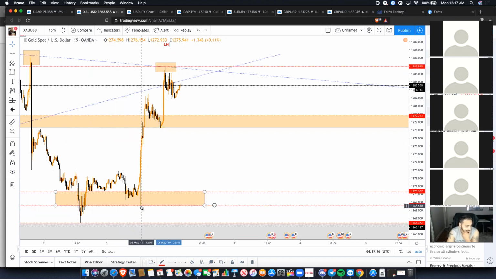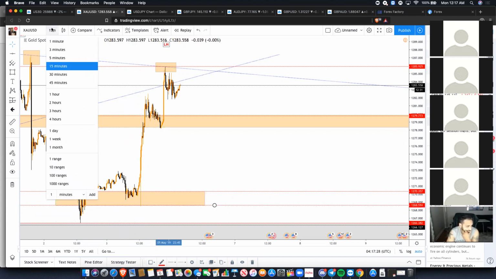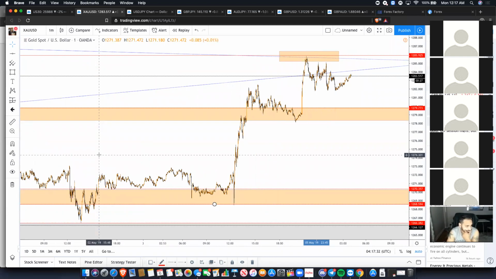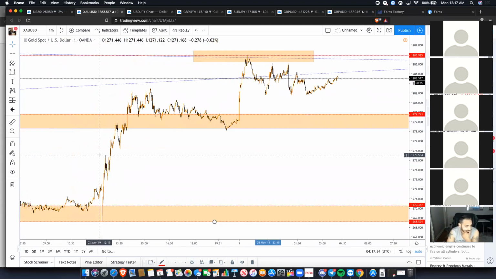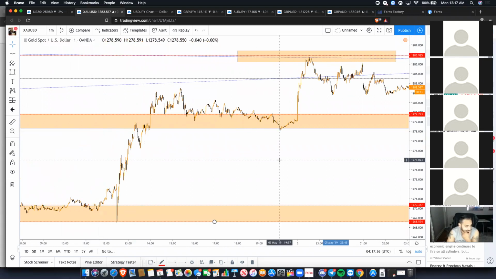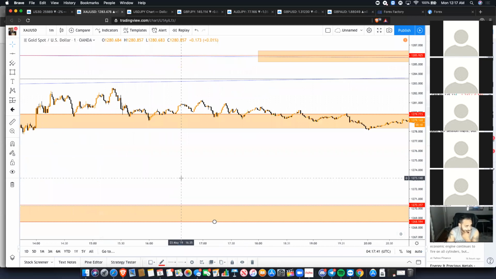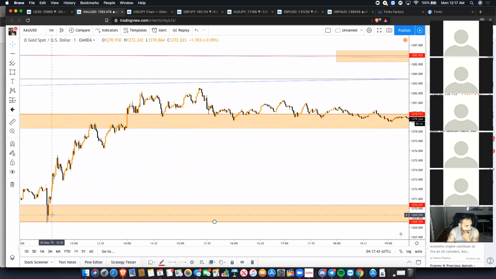So when I identify a price like that, let's say I look at the 1 minute chart, I could have entered this trade on a higher lot size than usual and never seen drawdown. Never would have seen drawdown in this case.